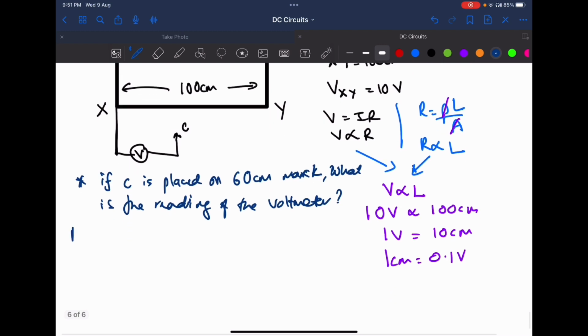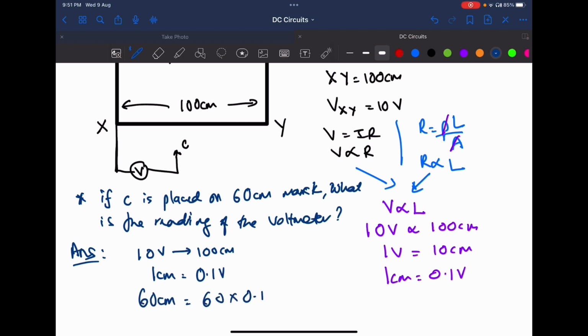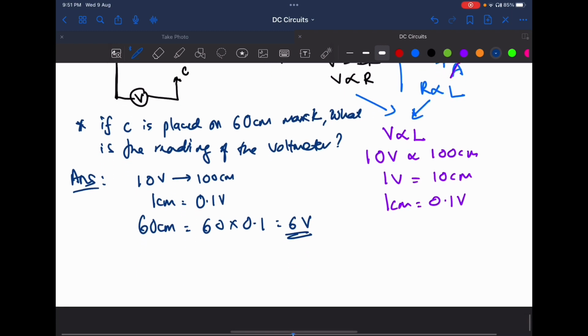Okay, so answer: 10 volt is equivalent to 100 centimeter. 1 centimeter is 0.1 volt. So 60 centimeters, 60 times 0.1, we get 6 volt. There you go.